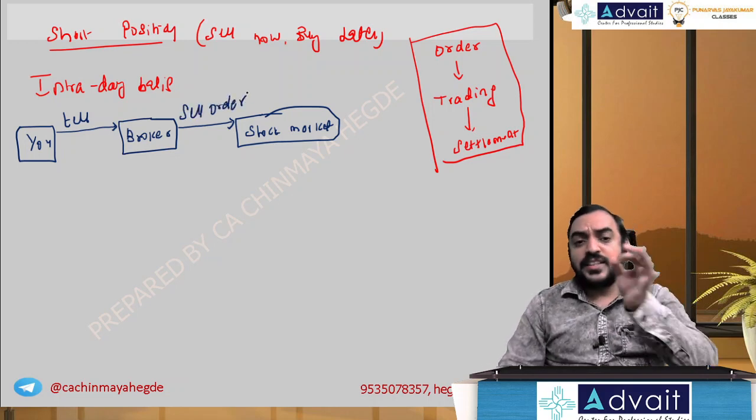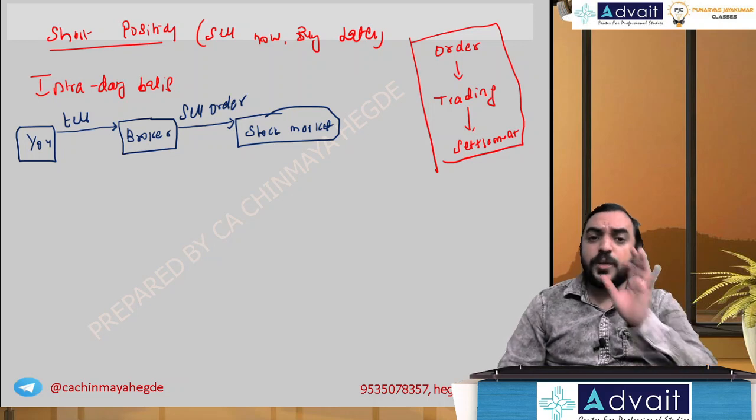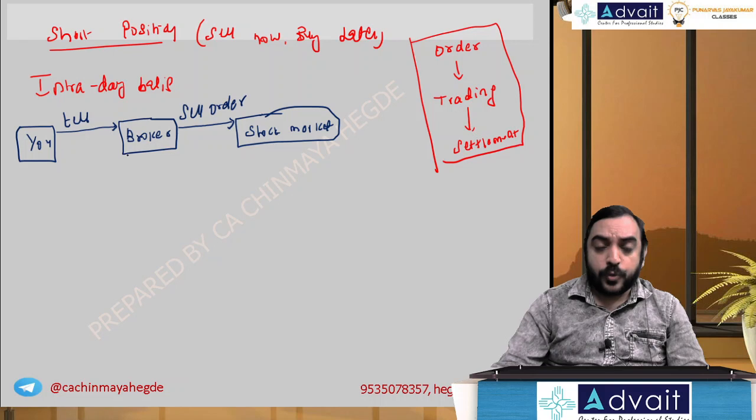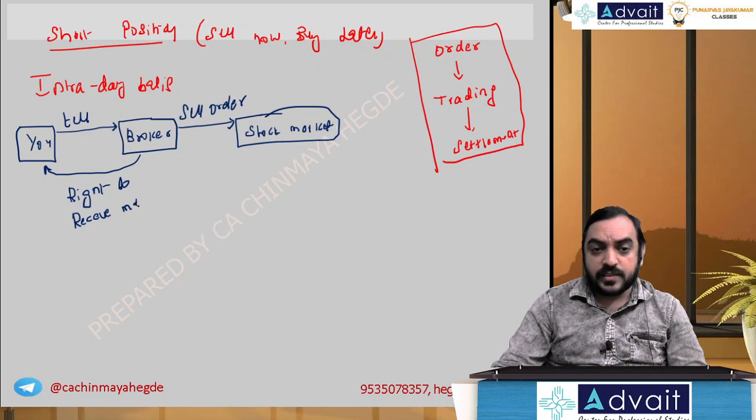Now, when there is a sale order, what process will happen or what transactions will take place? The broker will give money to you, right? You have the right to receive money, and you have the obligation to give shares.